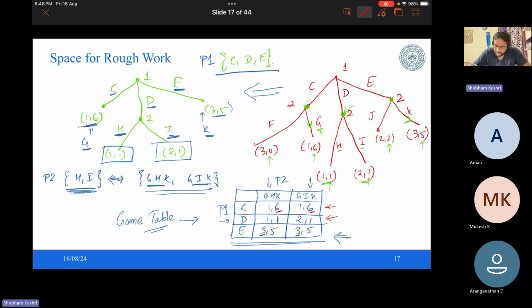When player 1 is playing D, player 2 can play any one of the strategies. And when player 1 is playing E, player 2 can also play any of the strategies. So we have marked the best responses, and the intersection of the best responses over here will give the Nash equilibrium.